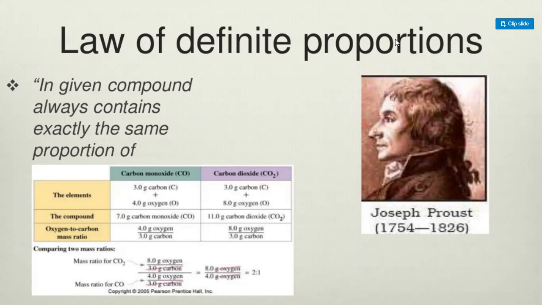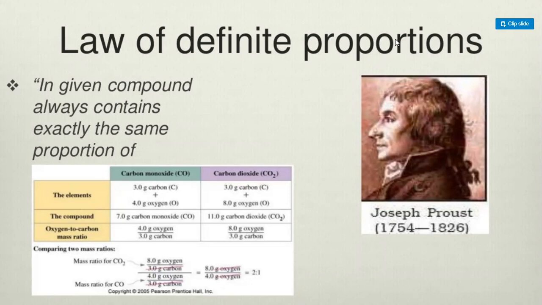And 3.0 gram of carbon reacts with 8 grams of oxygen to form 11.0 grams of carbon dioxide. If you find the ratio of mass, the oxygen to carbon ratio is 4:3 in one, and 8:3 in the other. So there is a specific ratio.